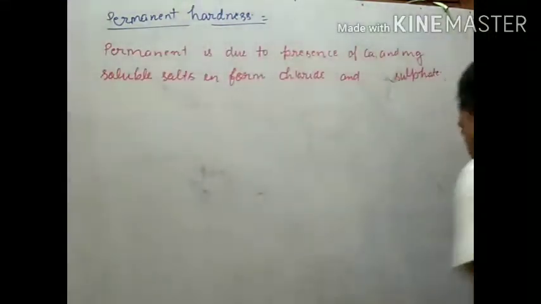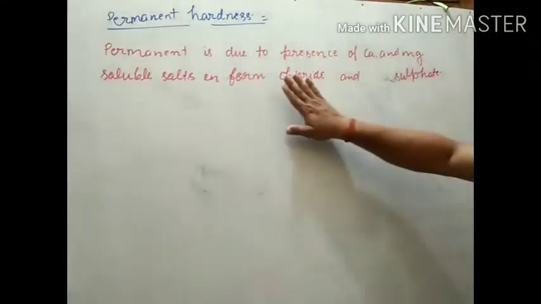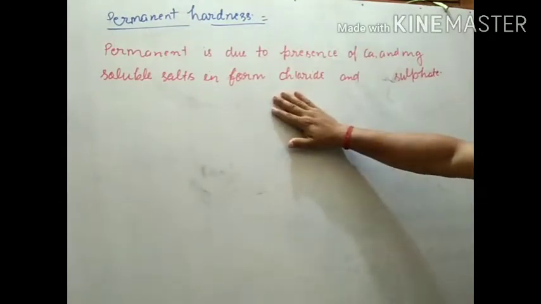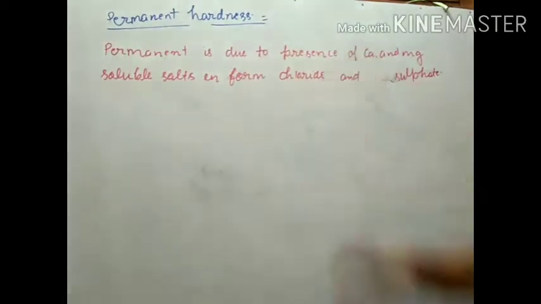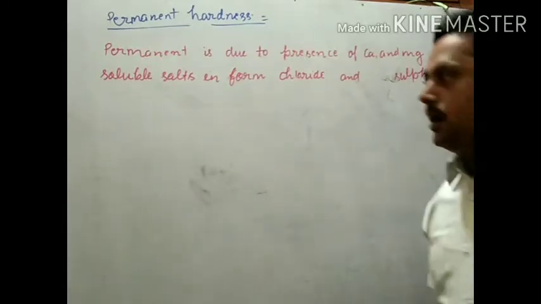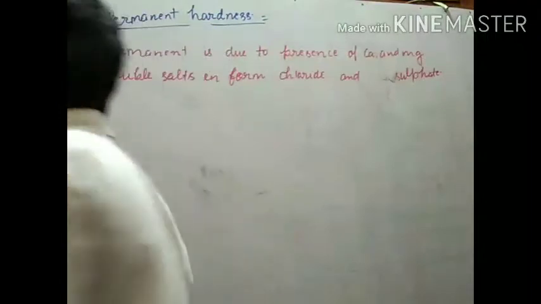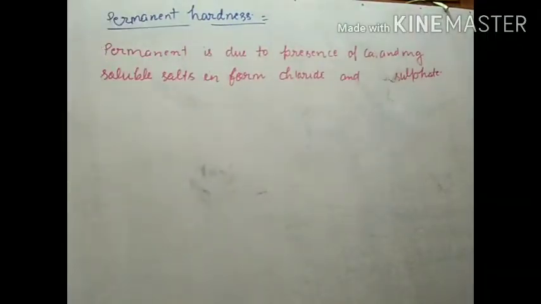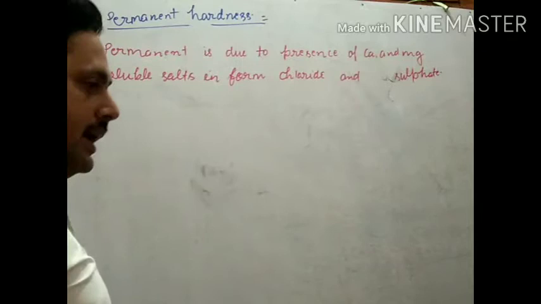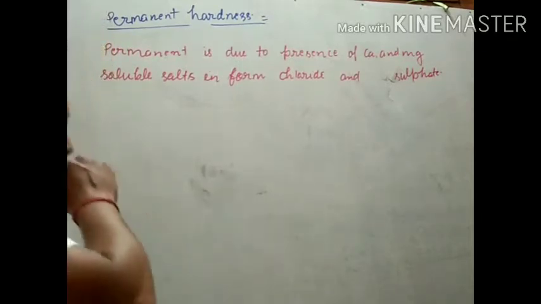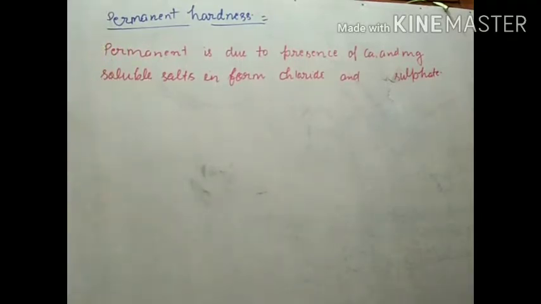Because water with permanent hardness can't be used for cleaning clothes, for cleaning action, and the water is not fit for drinking. So we have to remove the permanent hardness. There are following methods by which we can remove permanent hardness.